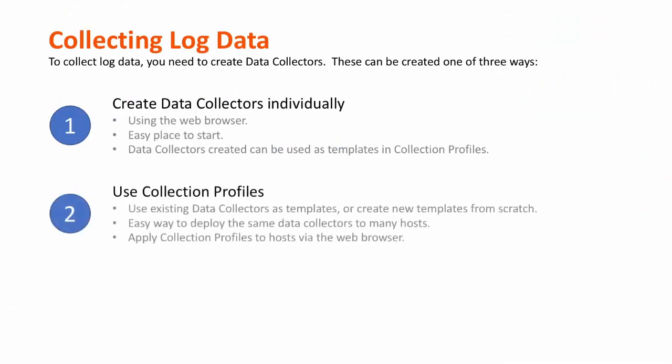The second way to collect data is using collection profiles, as I mentioned before. What we're going to do is use existing data collectors as a template to create a collection profile. A collection profile is simply a grouping of other data collectors that are predefined so that you can deploy data collectors very easily and very quickly.